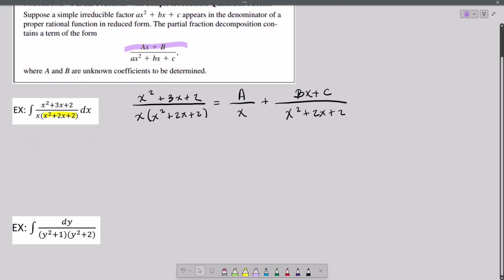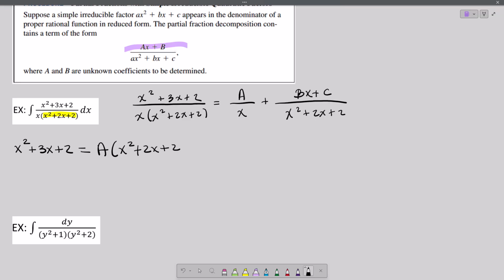We clear the fraction, so we multiply both sides by that denominator. When you multiply the left by that denominator, you get the numerator. When you multiply the right side by that denominator, you multiply by x, the x cancels, so we get a times x squared plus 2x plus 2. And when you multiply the second term, that big factor disappears, and you have bx plus c multiplied by x.